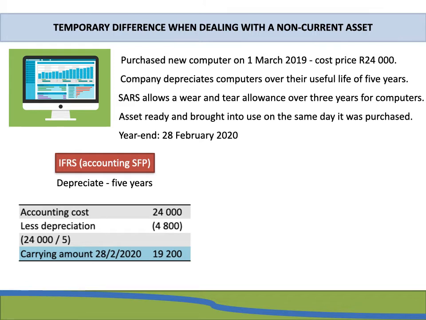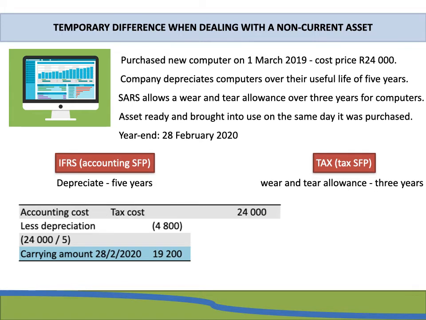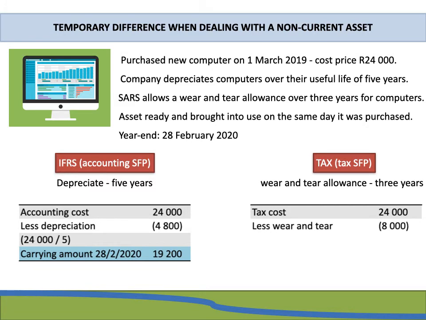If we have a look at tax, now let's assume we have a tax statement of financial position because for tax purposes, you also own a computer. However, SARS only allows a wear and tear allowance over 3 years. So, according to tax, you have a computer that has cost you 24,000 Rand, and you are now entitled to claim a wear and tear allowance of 8,000 Rand, which is the 24,000 being the cost divided by the 3 years wear and tear allowance that SARS has allowed.